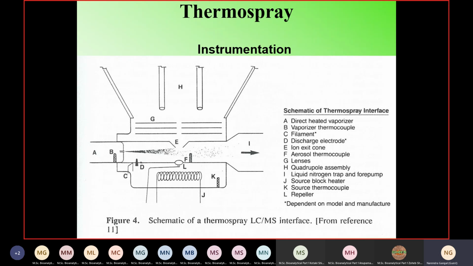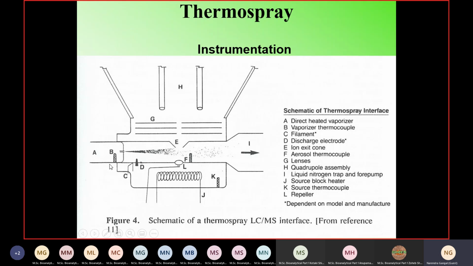What does a thermocouple do? Anybody knows what is a thermocouple? It is a sensor that is used for measuring the temperature. Absolutely right. I want the thermocouple here to know the temperature, because I can tune my heating source based on that.